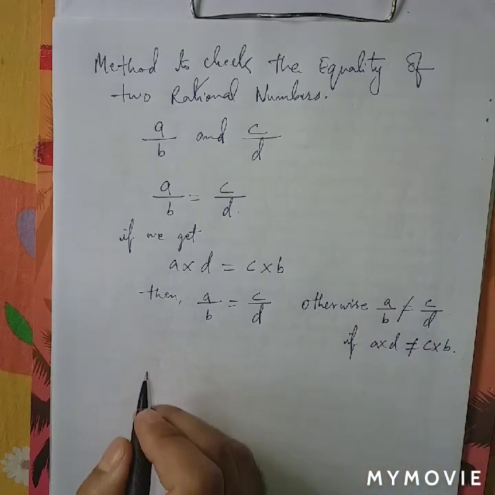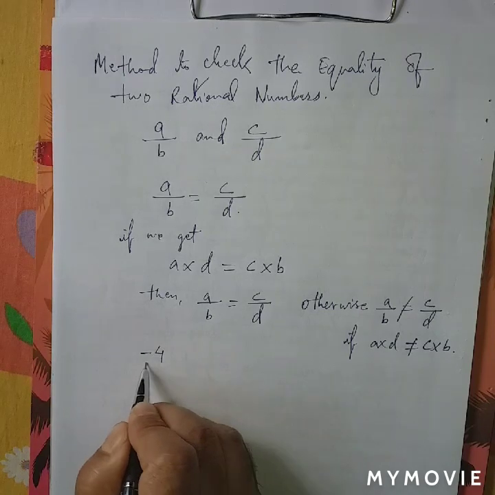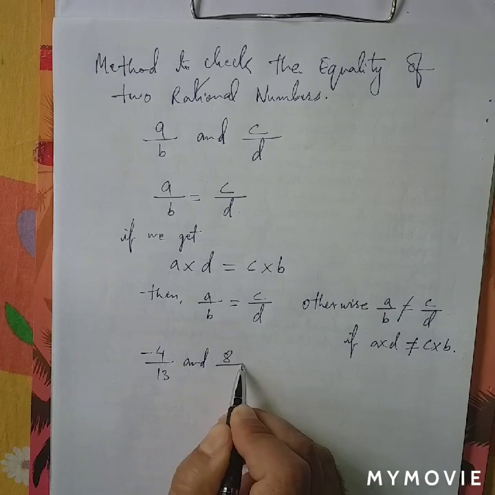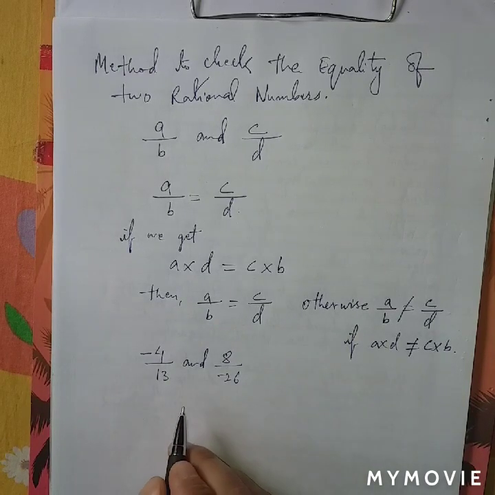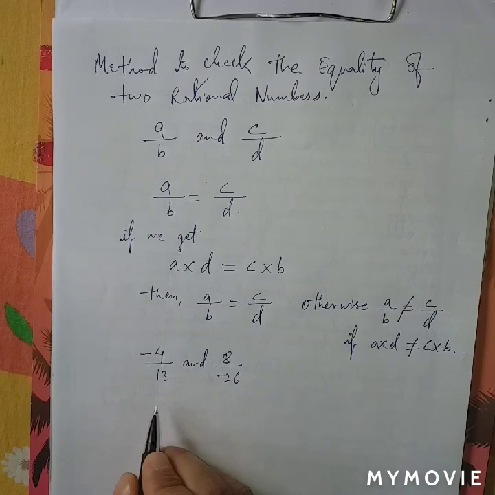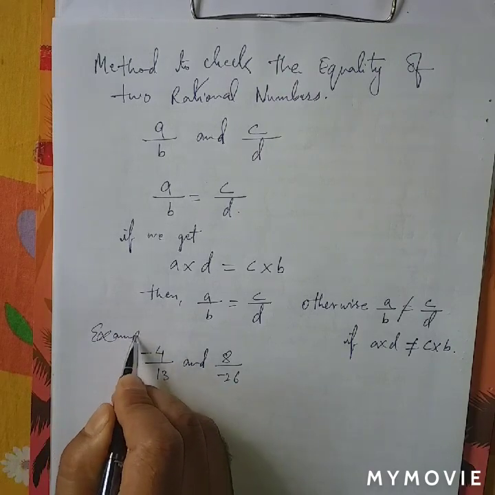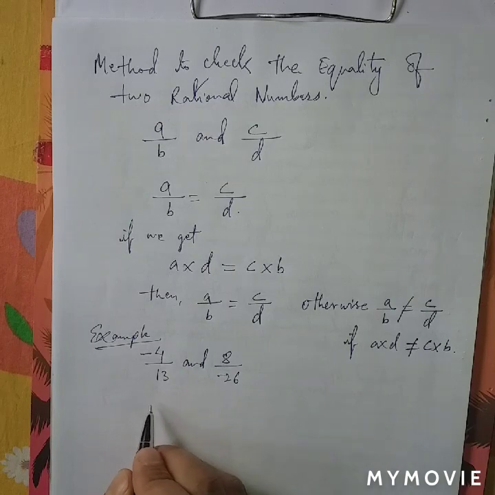So, for an example, suppose we have minus 4 by 13 and 8 by minus 26, and we are checking the equality of these two rational numbers. First we suppose they are equal.